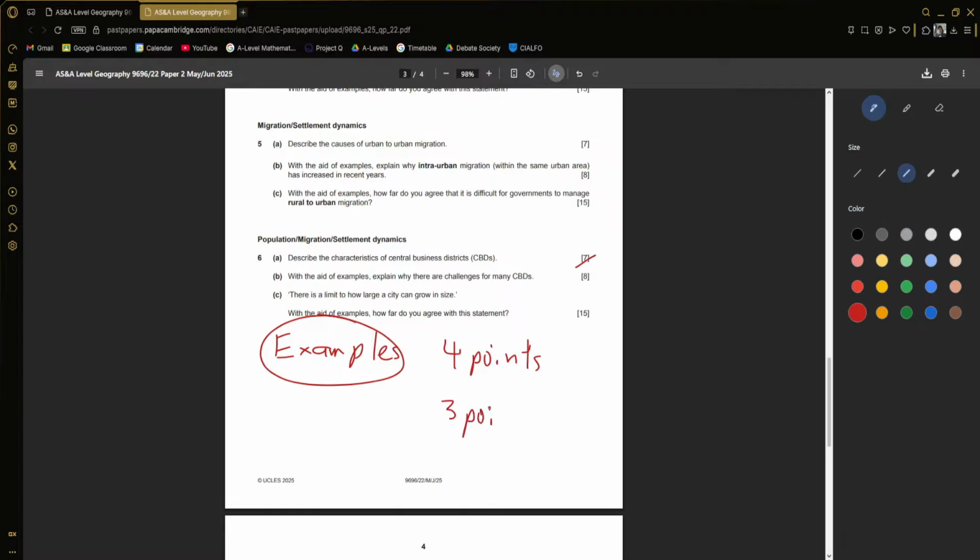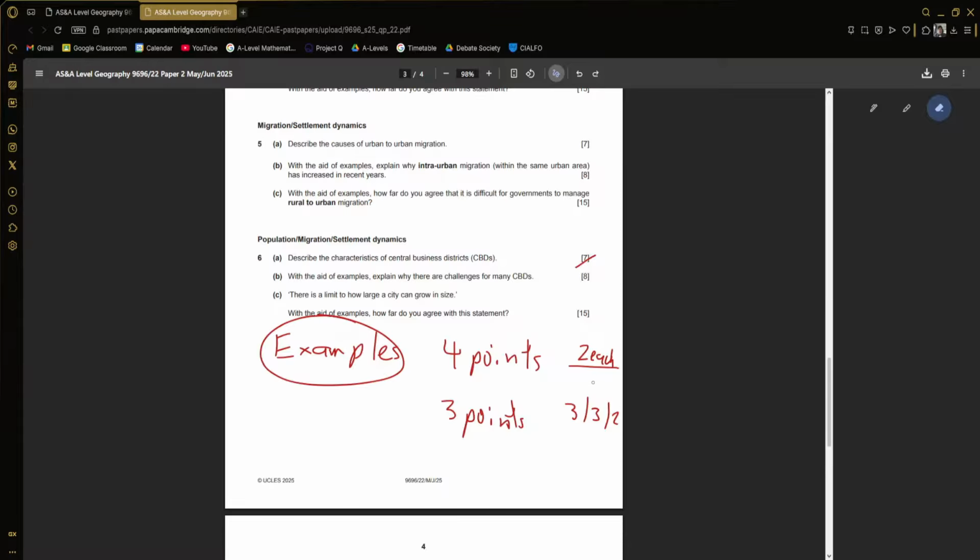So you can split it where it's 2 each, or it is 3, 3, 2. You just decide how you want to split the marks yourself, and then write that much. If you are aiming for 2 each, you don't have to write as much per point than 3, 3, 2, but then you have to write 1 additional point. So it just depends how you want to approach these types of questions.